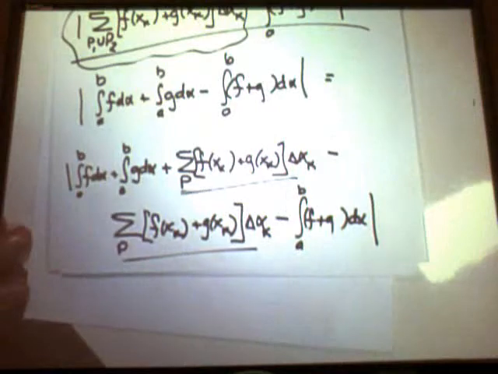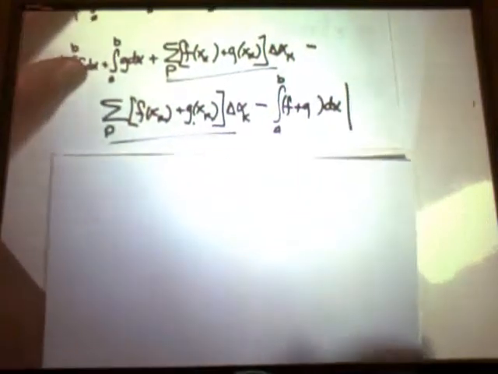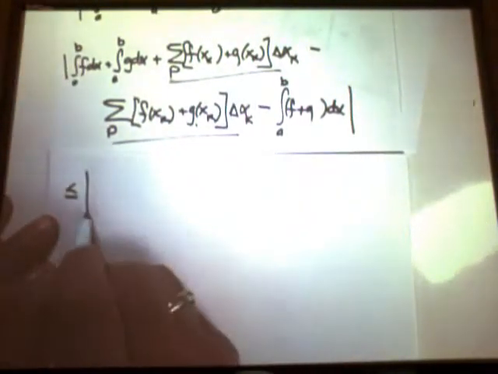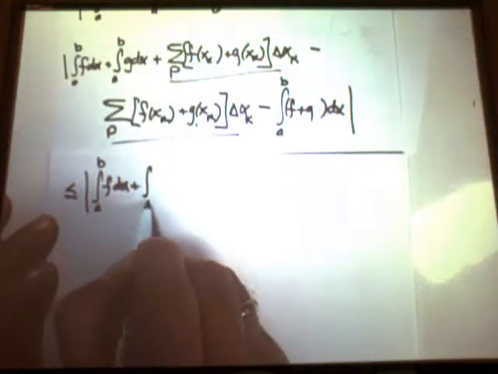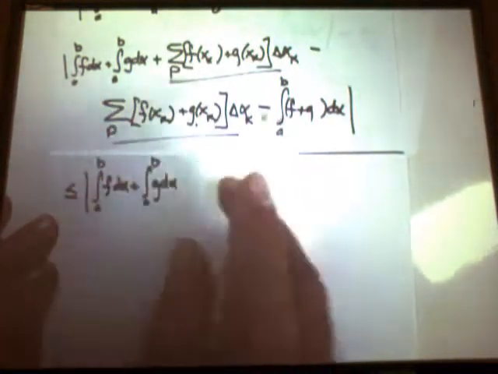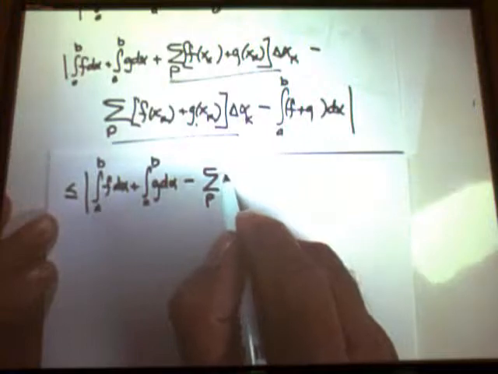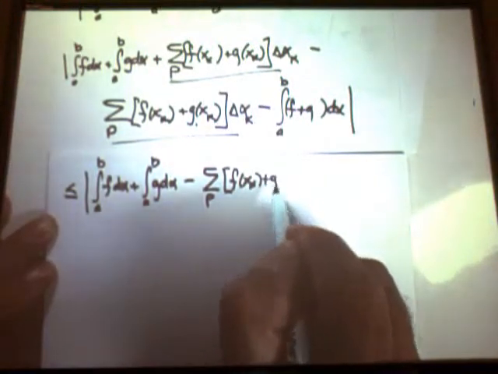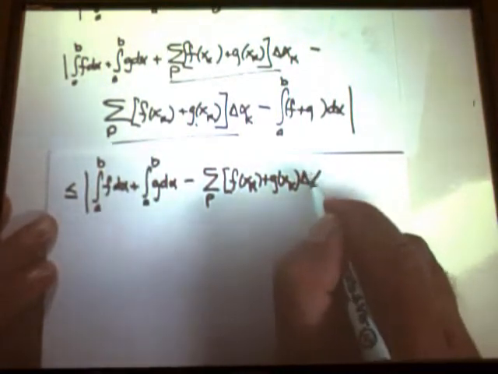Okay, now what's the standard operating procedure? I'm going to take these two with this, and this with that, and write this thing as dominated by the integral from a to b of f dα plus the integral from a to b of g dα minus the sum over the joint refinement of [f(xk) + g(xk)] Δαk.